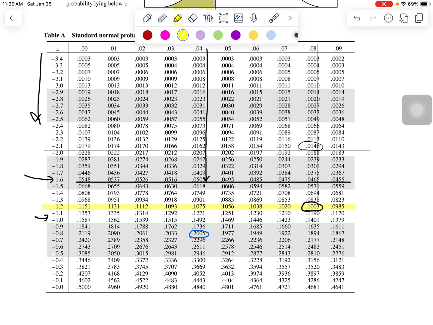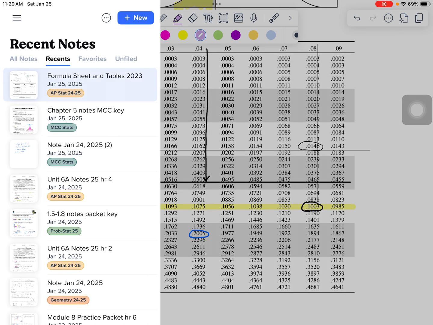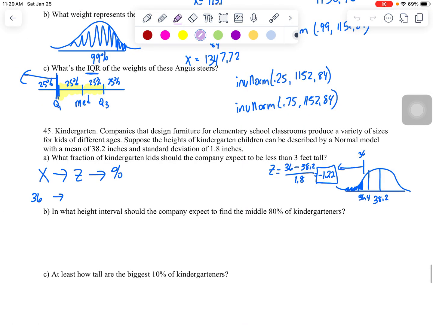Maybe I'll pick a different color to highlight that. 0.1112 is going to be my percent. So we converted that to negative 1.22, which we looked up in the table, and it was 0.1112. I am not sure what MathXL will want for answers, but there is what we need.